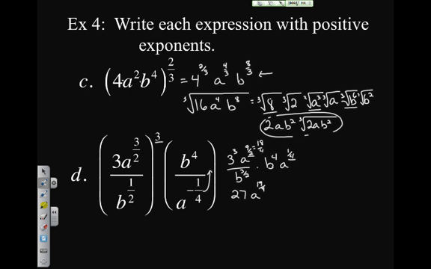And then a common denominator here, 4 is 8 over 2. So we are subtracting because this is division, so it'll be b to the 5 halves power. And so that's our answer written with positive exponents. 27, a to the 19/4, b to the 5 halves.